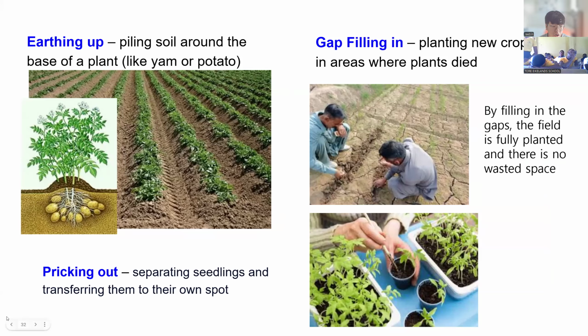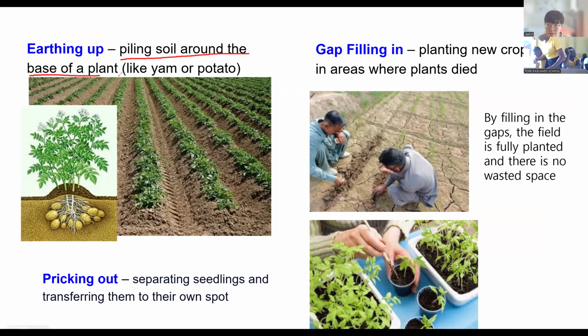Looking at other options, earthing up means piling soil around the base of a plant, like yam or potato. There are also options like gap filling, so planting new crops in areas where plants died. Pricking out means separating seedlings and transferring them to their own spot.